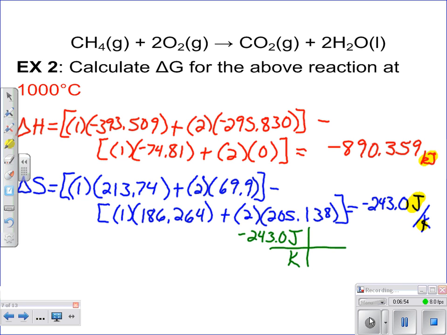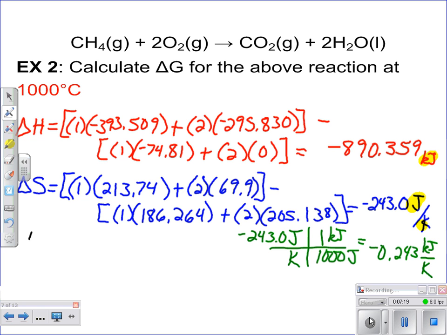We have to say that there's 1,000 joules in 1 kilojoule, and we end up getting negative 0.243 kilojoules per Kelvin.